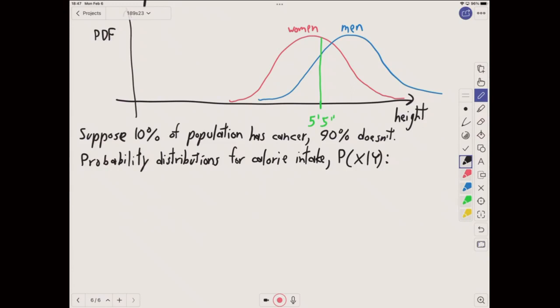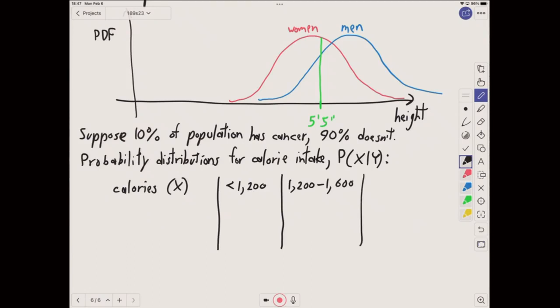Y is whether or not they have cancer. And to keep things simple right now, I'm not going to use a continuous distribution. I'm going to use a discrete distribution with just 3 bins. So our calories come in one of 3 categories, and that's the X variable. You could have a person who's consuming less than 1,200 per day, you could have a person who's consuming 1,200 to 1,600 per day, or you could have people who are consuming more than 1,600 per day.